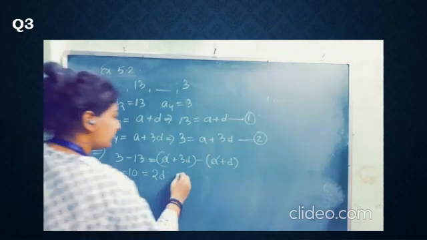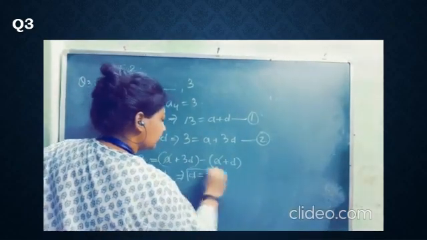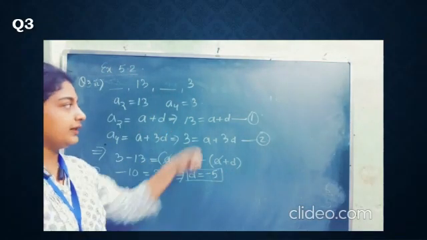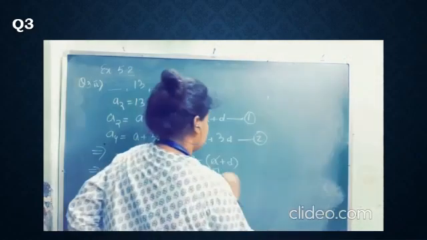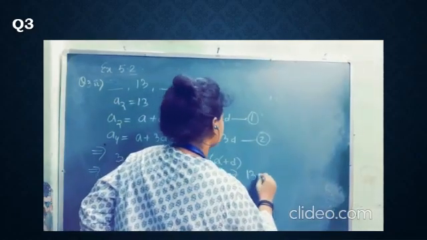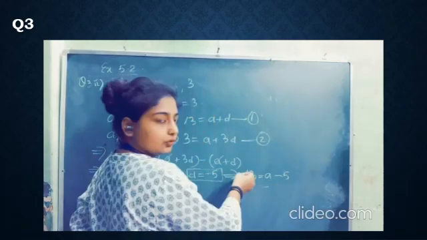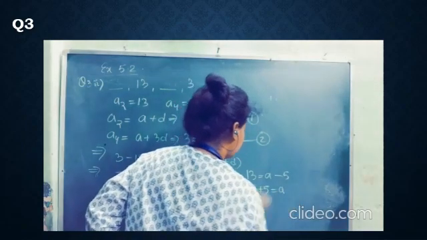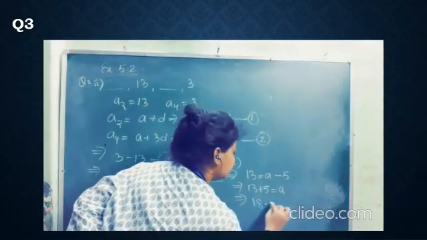This gives me the value of d as minus 5. I can put this value of d in equation number 1 so as to find the first term. So 13 equals a minus 5. When it goes on the other side, it becomes 13 plus 5 equals a. This gives me the first term as 18.